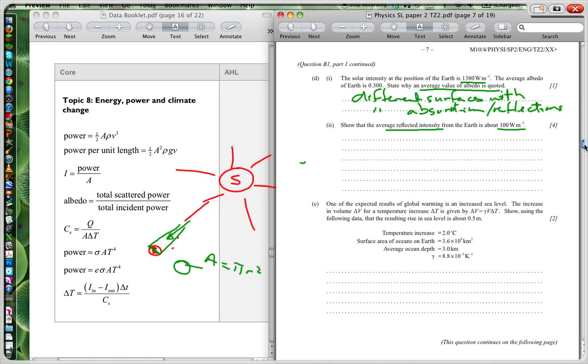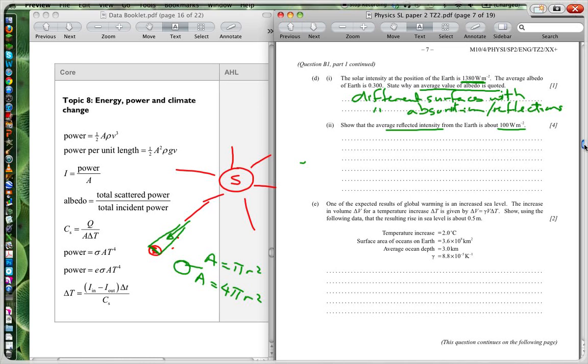But that energy going onto that circle is actually spread over the whole sphere, and the surface area of the sphere is equal to 4 pi r squared. So in actual fact, the energy per meter squared on the Earth is not going to be 1380, but it's going to be this ratio.